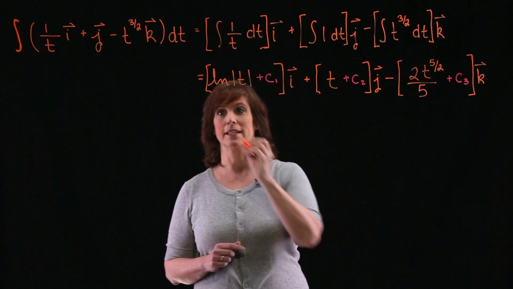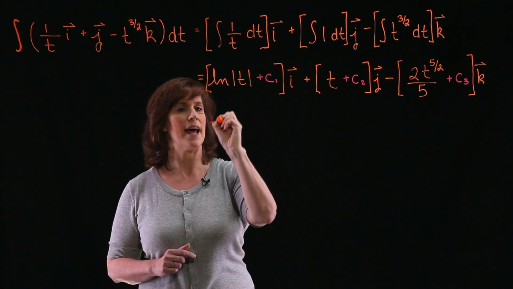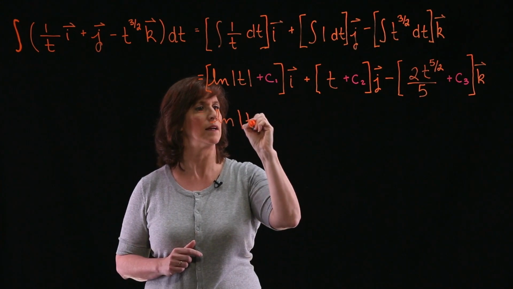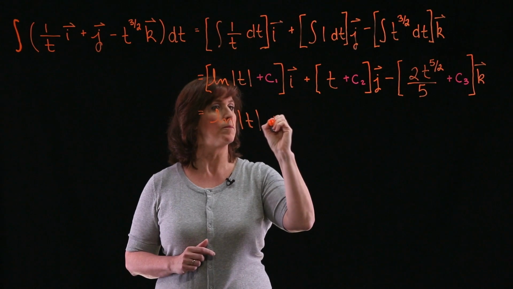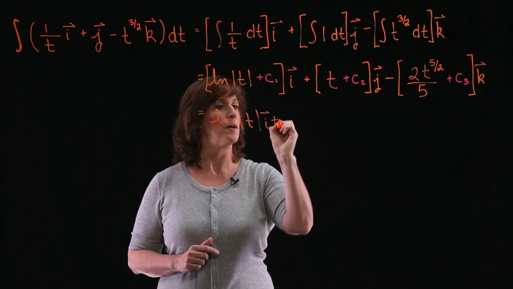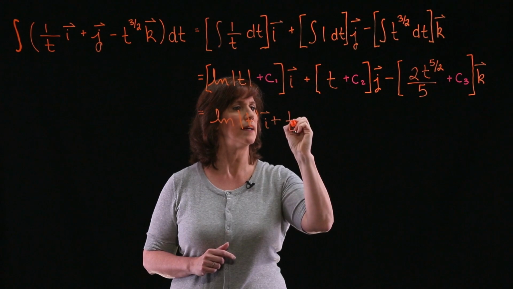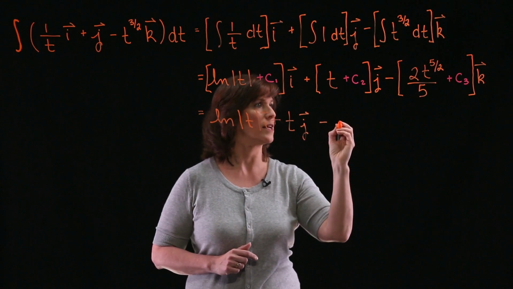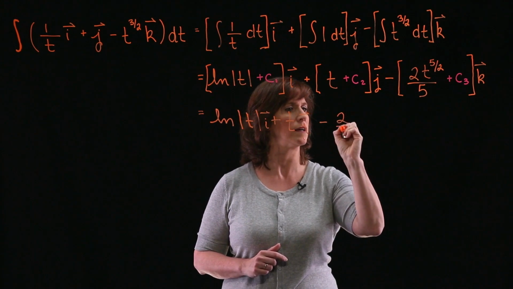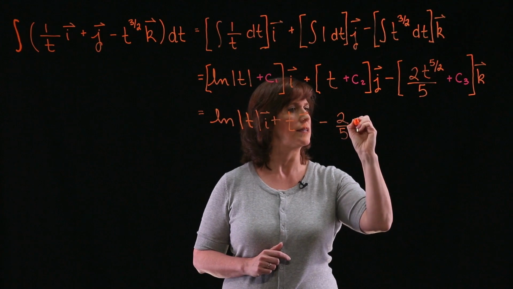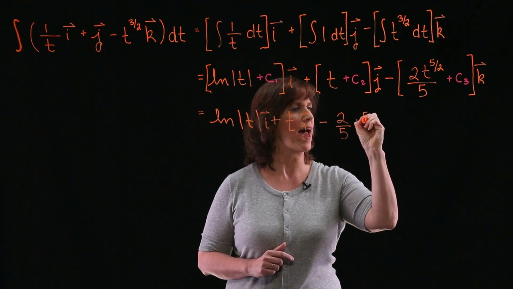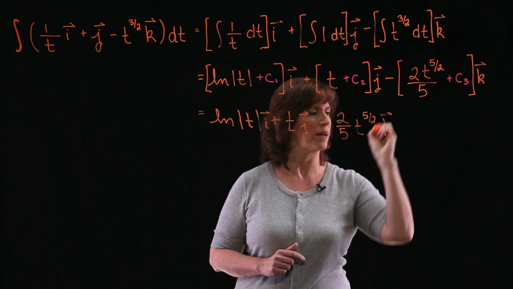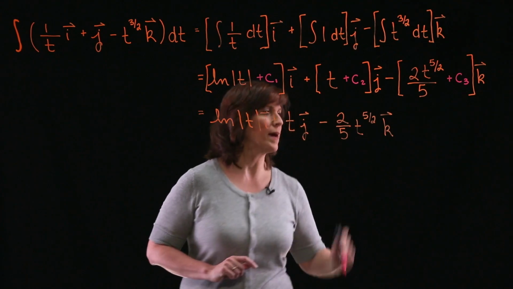Now, if I rearrange terms a little bit, I can write this as the natural log of the absolute value of t times my vector i, plus t times my vector j, minus 2/5 t to the 5/2 times vector k, plus all of my constants.